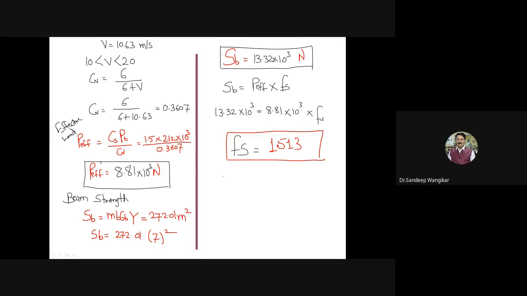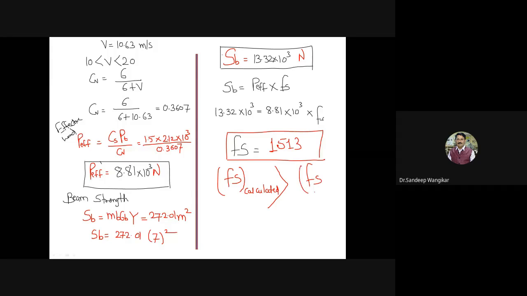So FS calculated is greater than the factor of safety considered or given in the numerical. Means 1.5 should be the factor of safety and our calculation is 1.51.